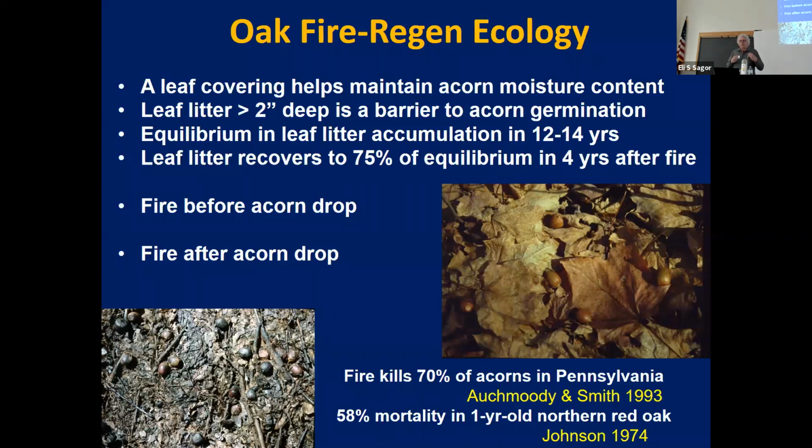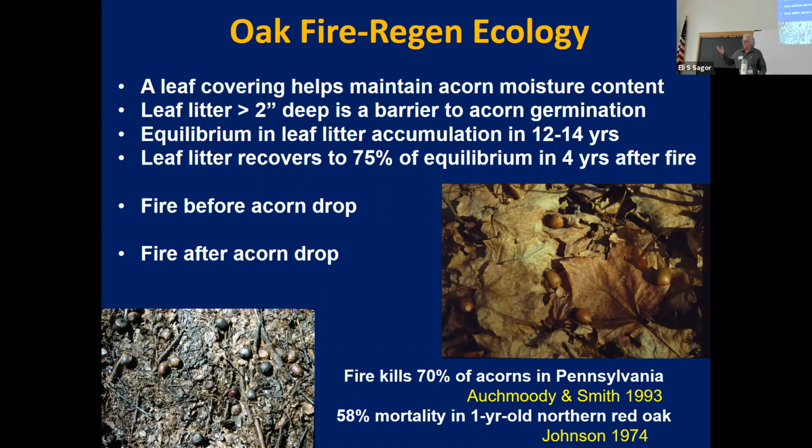Oaks have to maintain a fairly high moisture content in their acorns, otherwise they lose their viability. Depending on the oak species, that can range anywhere from 25 to 45% moisture content. And so leaf litter actually helps acorns that get either buried in the soil or underneath the leaf litter to maintain some of that moisture content over the winter.